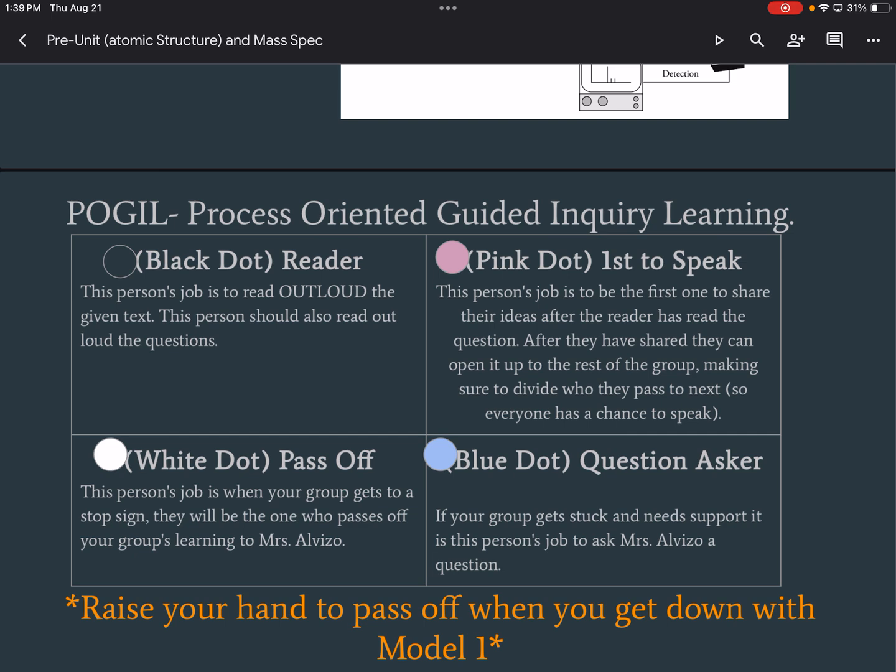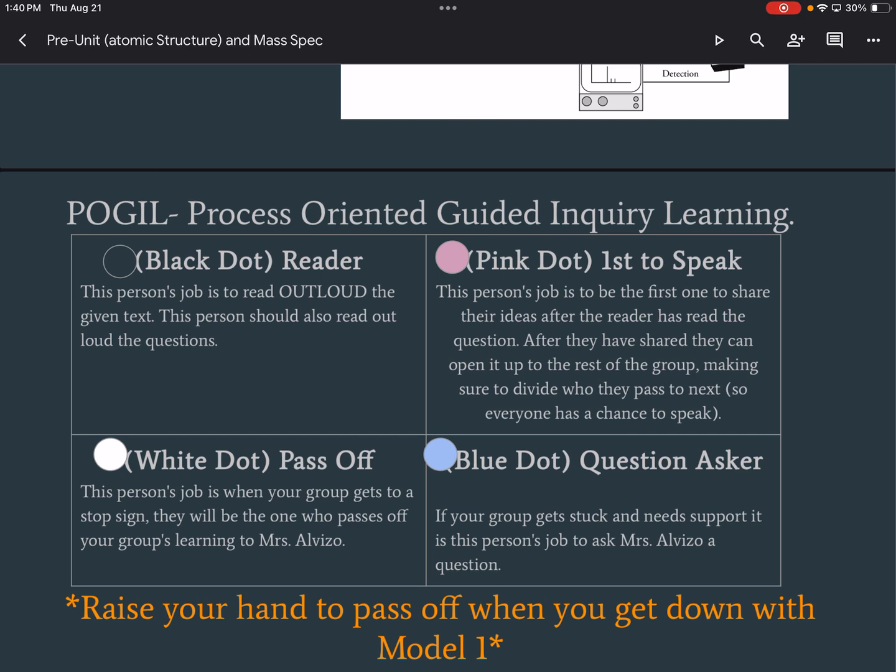You guys are the designated question asker, meaning if your group gets stuck, it goes through you to me. Okay? Now, after you get passed off with me, jobs rotate. So one person will have Model 1, and then you'll switch jobs for Model 2. It's a little bit shorter, but once again, it'll change every class period. So, okay, questions on your jobs?